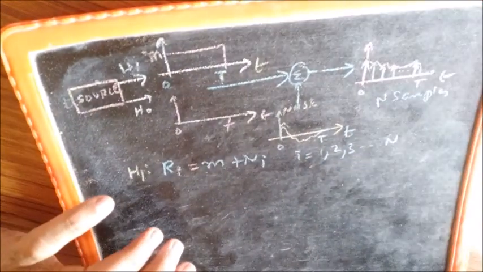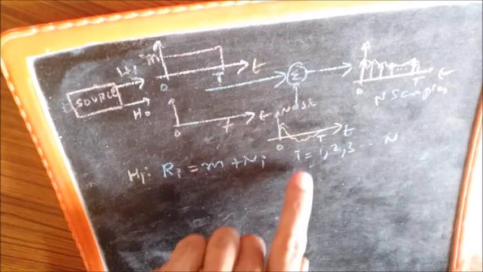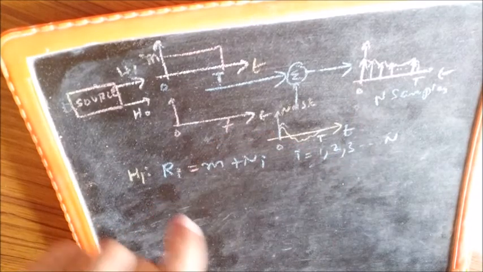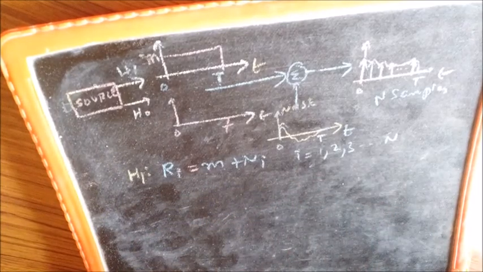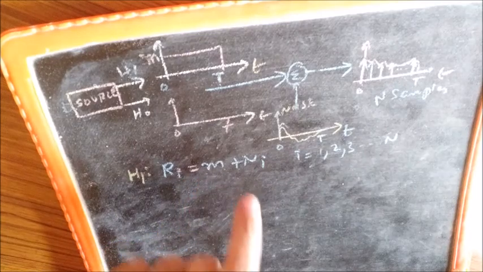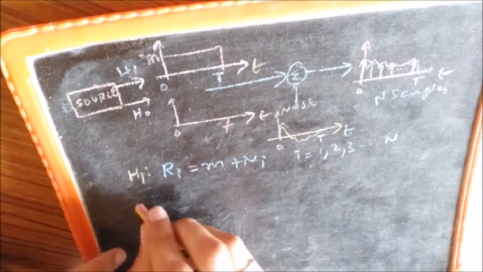So each value of i represents one sample that you have obtained. If i is equal to 1, you have obtained the first sample. So what you get is R1 equal to m plus N1, where N1 is the first sample of the noise. R2 will be the second sample, which will be m plus N2, where N2 is the next sample of noise, and so on and so forth.